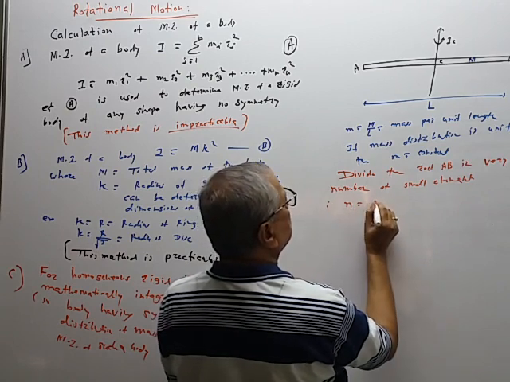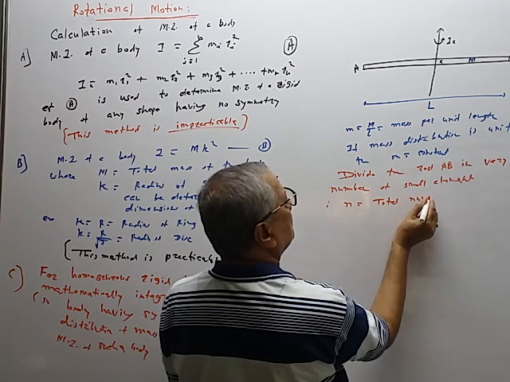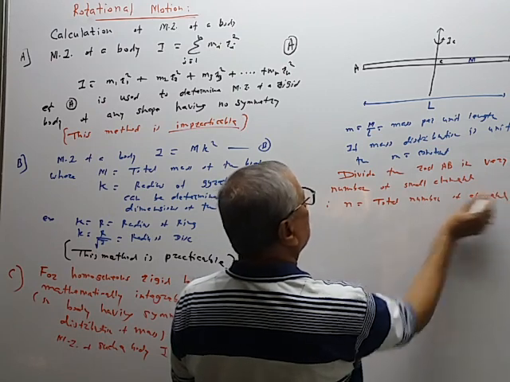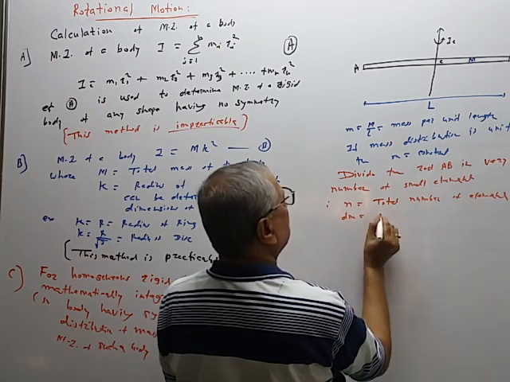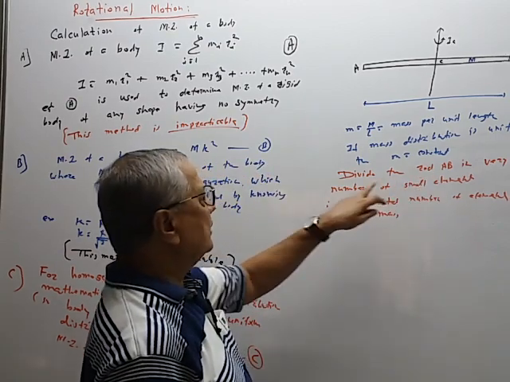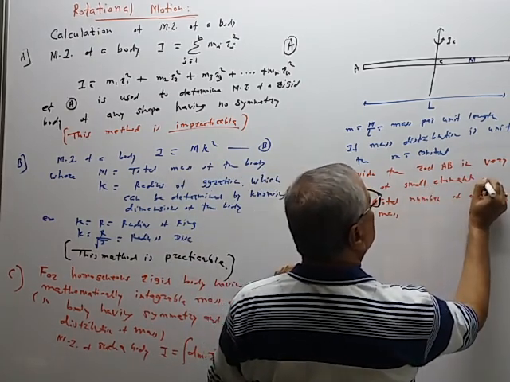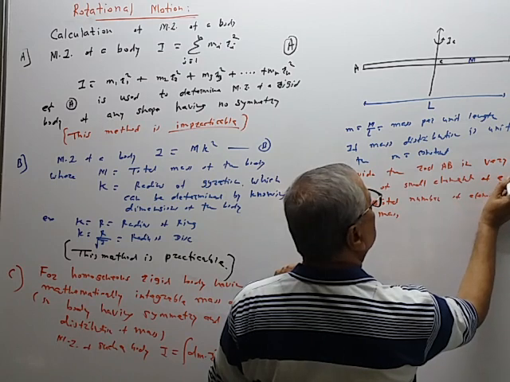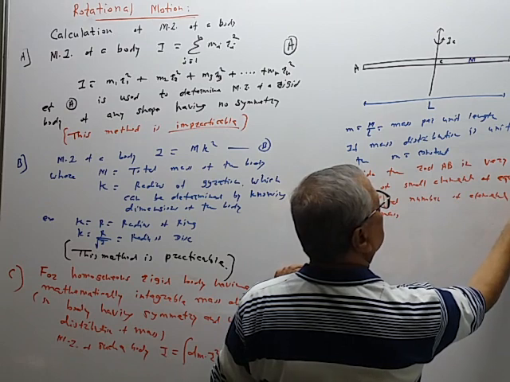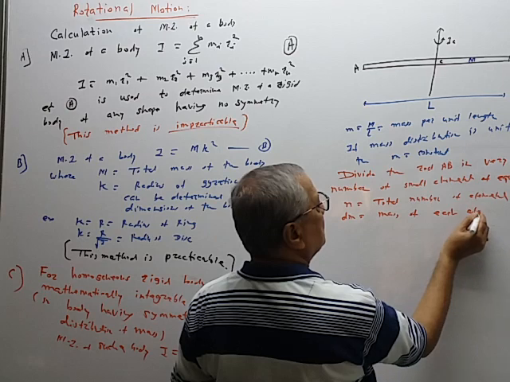N is equal to total number of element. Divide the rod AB in very large number of small element of equal masses. So dm is equal to mass of each element.